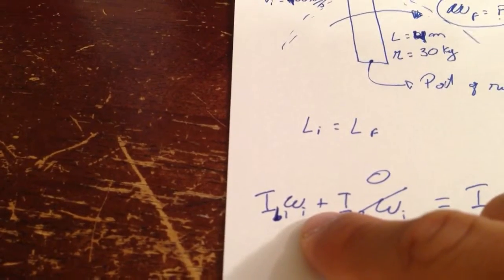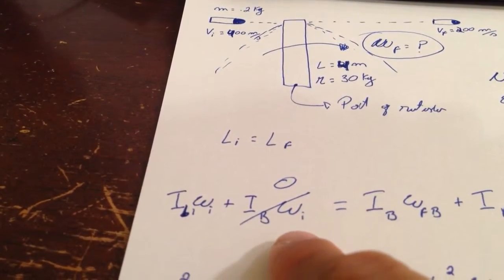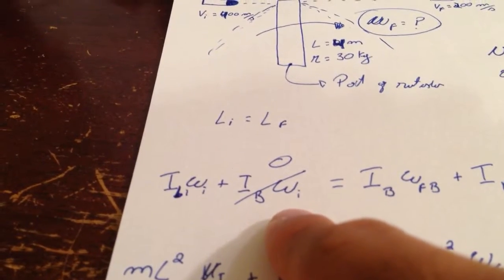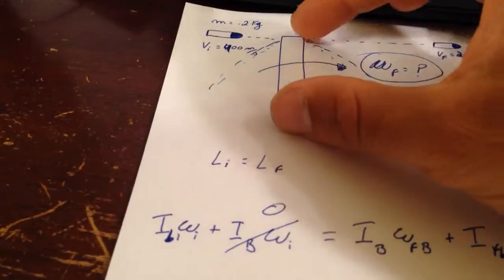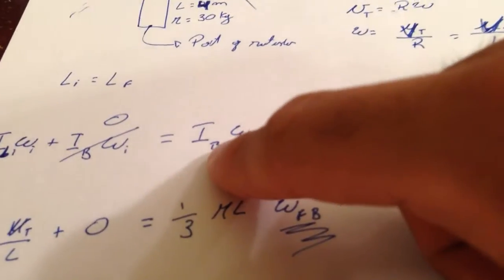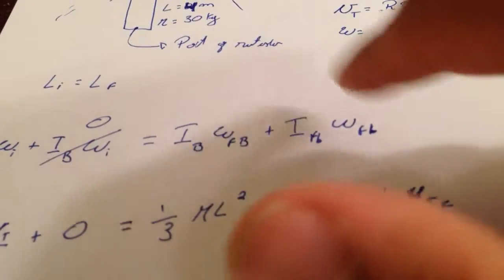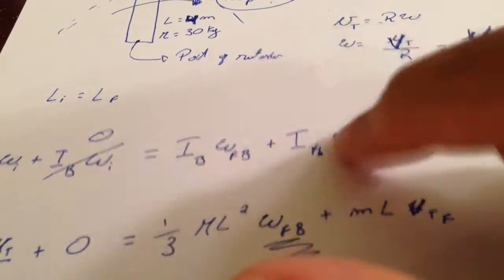For the initial angular momentum, I know that the inertia of the bullet times the initial angular velocity of the bullet, plus the inertia of the log times the initial angular velocity of the log, and this will be 0 because initially this log is just standing there doing nothing, has to be equal to the inertia of the log times the final angular velocity of the log, plus the final inertia of the bullet times the final angular velocity of the bullet.